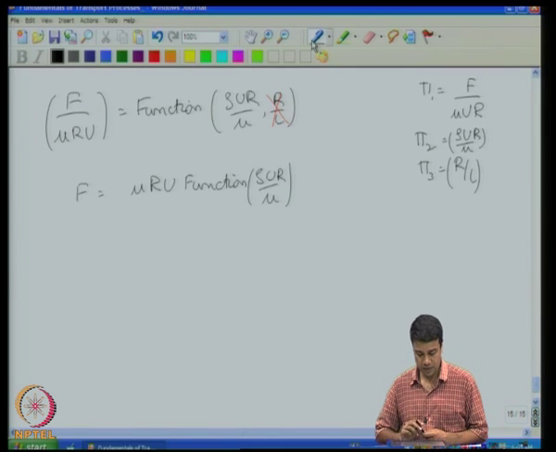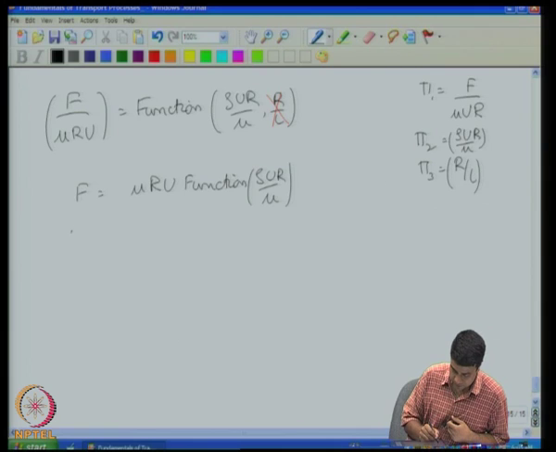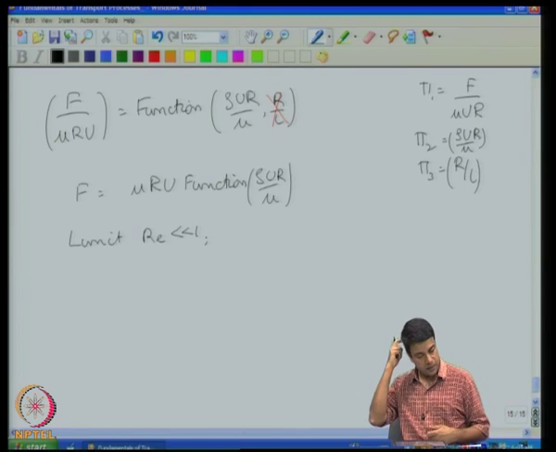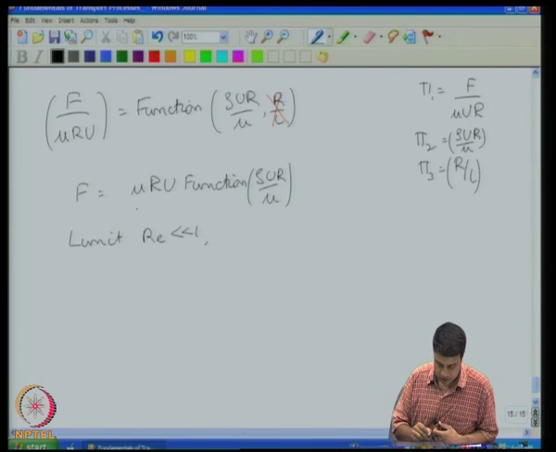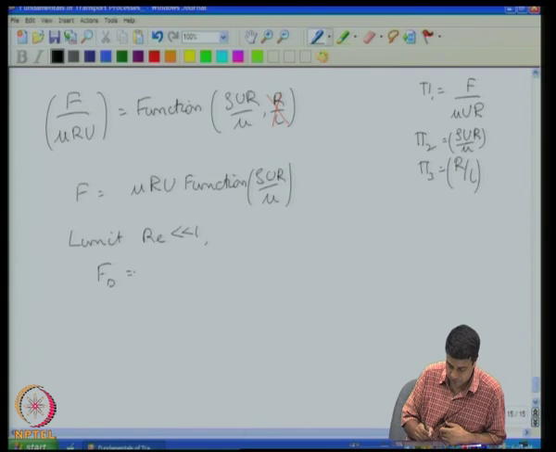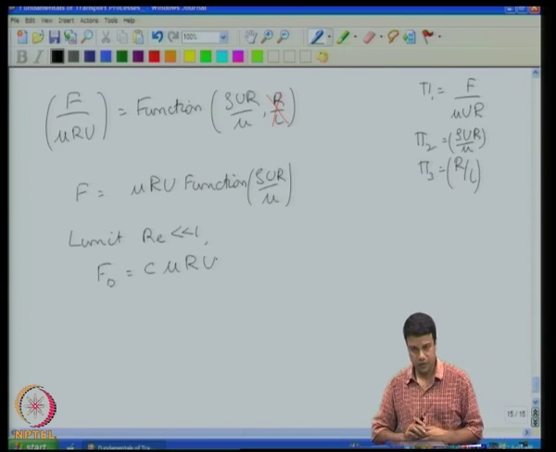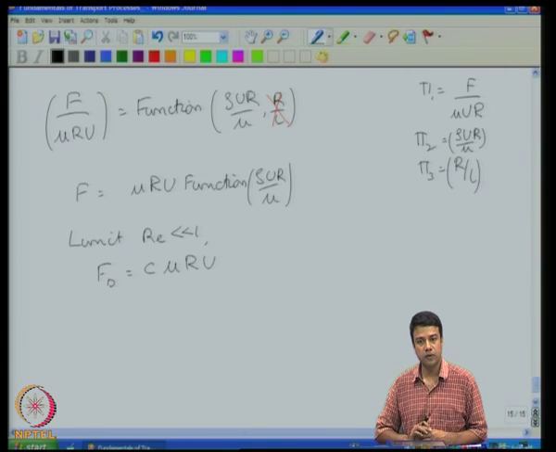So, in the limit of small Reynolds number, I should be able to get a force which is a function of the viscosity, the radius and the velocity alone. So, the drag force should have the form some constant times mu r times u. Okay. So, it is further simplified if you know that the velocity is such that the Reynolds number is small. You know that inertial effects cannot be important, therefore, the density cannot come into the equation.